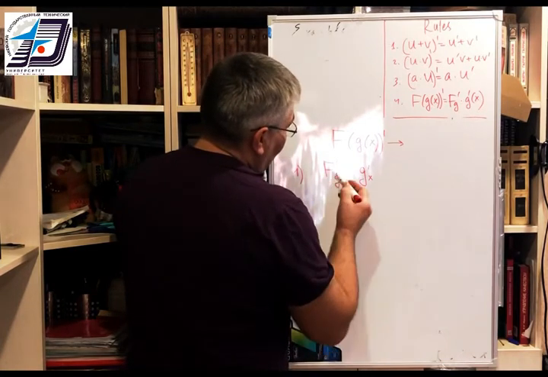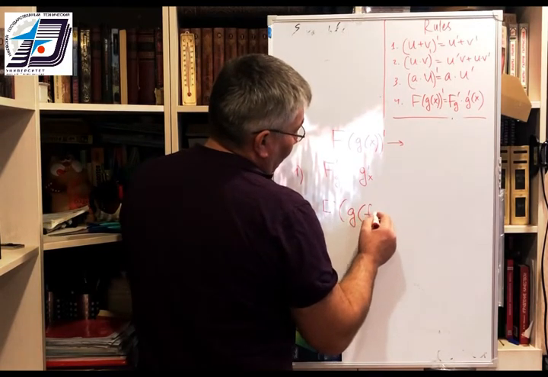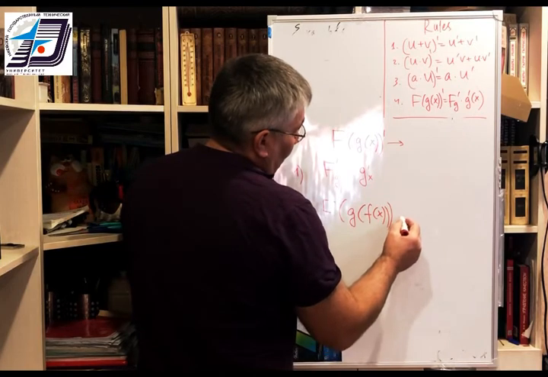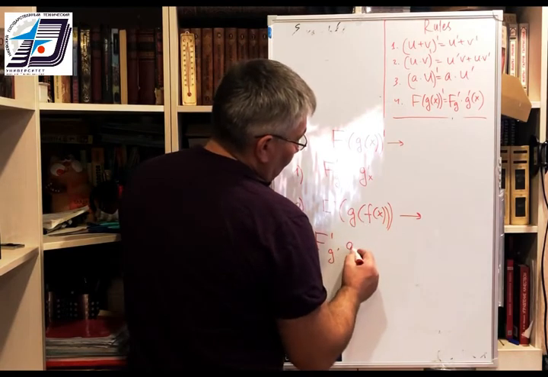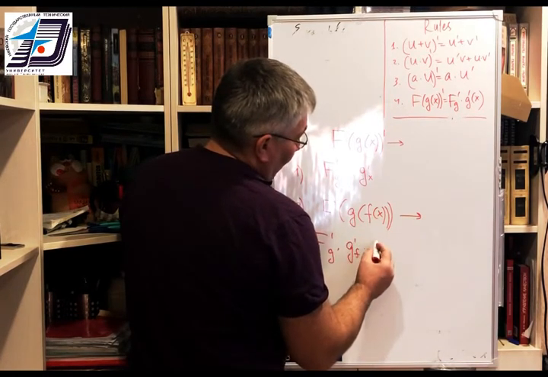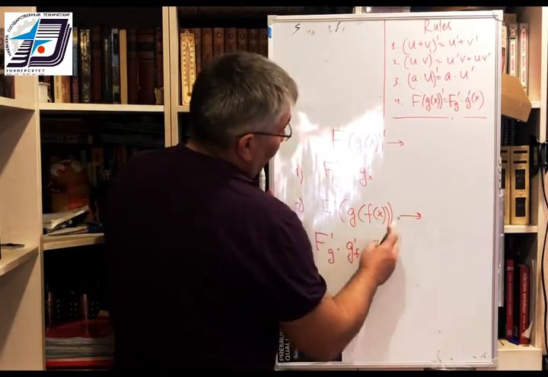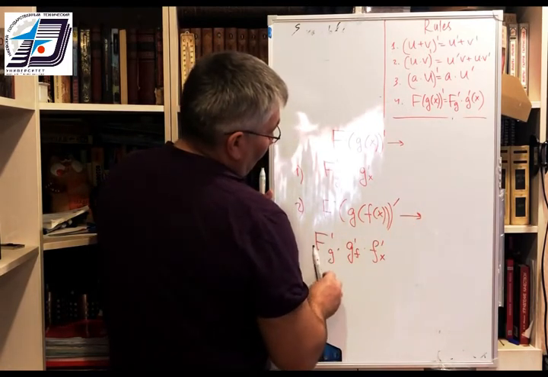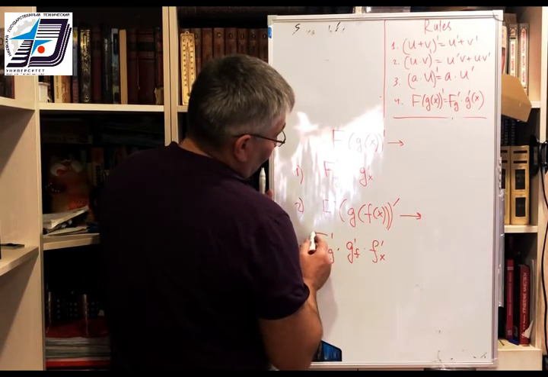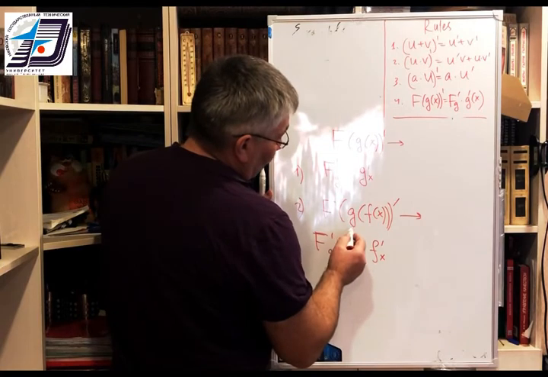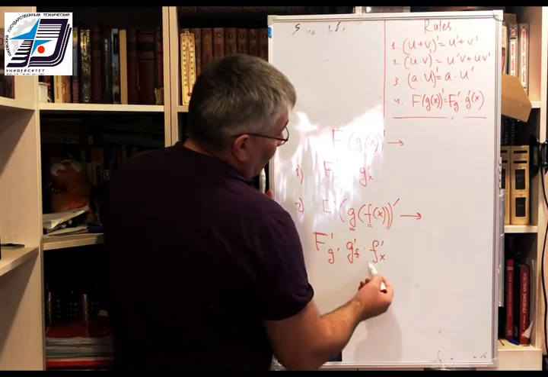If you have a chain of three functions, like F of g of f of x, you have to calculate F with respect to g, then multiply g with respect to f, and then multiply f with respect to x. So you have to expand this derivative in order of these functions. Firstly, I have the external part F of g with respect to the function g, and then g with respect to the following function f of x.